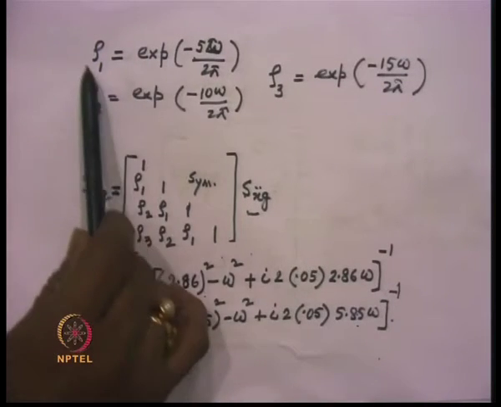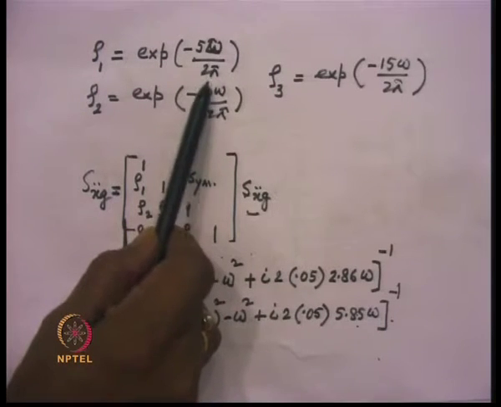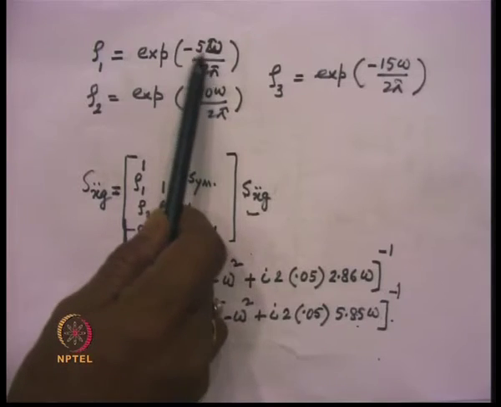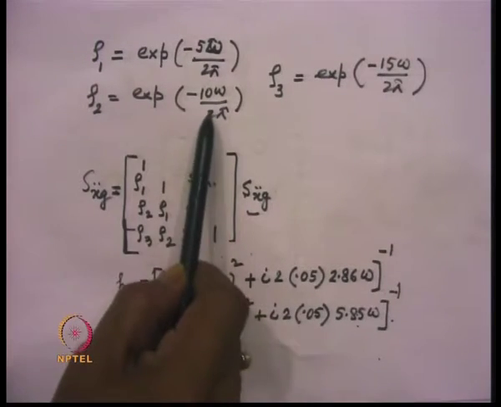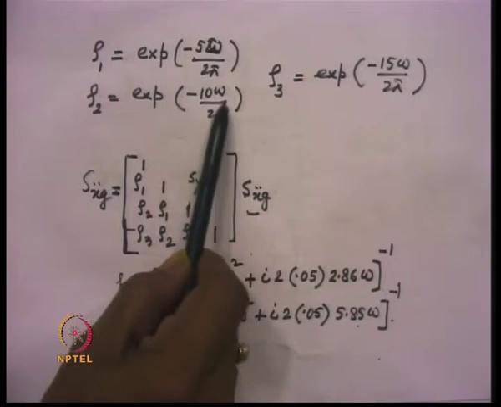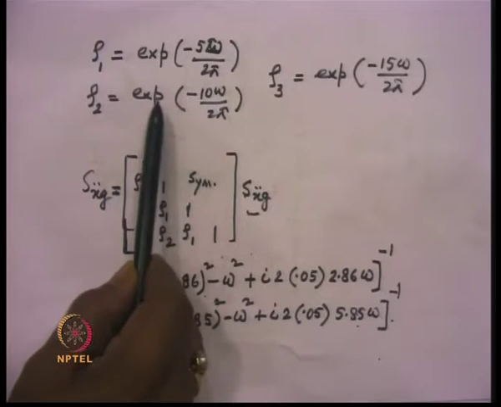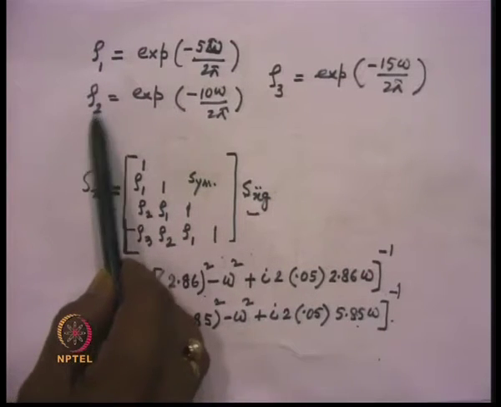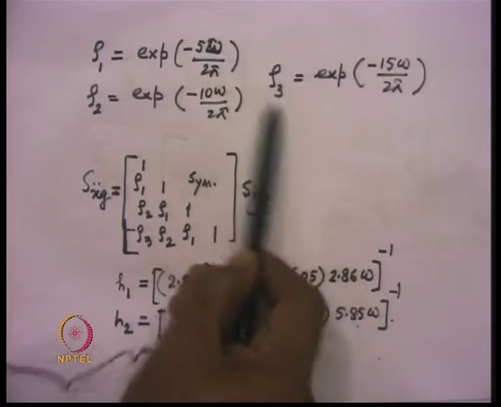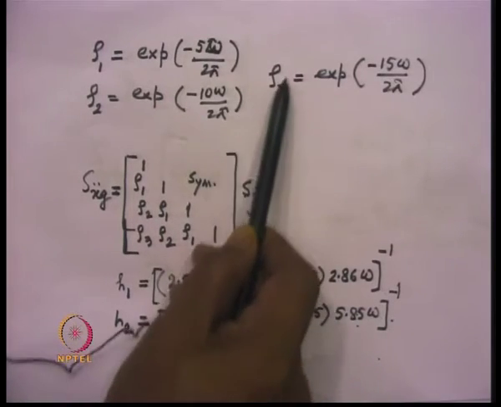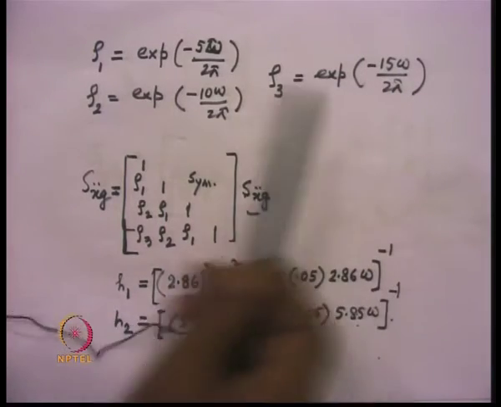So, between the first and the second support it will be minus 5 omega divided by 2 pi, because the time lag is 5 seconds. Between the first and the third it will be minus 10 omega divided by 2 pi, because the time lag is 10 seconds, and between the first and the fourth support it will be minus 15 omega by 2 pi.